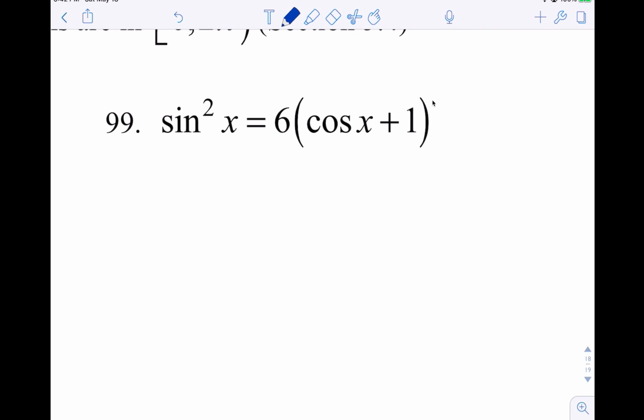Okay, next one. You got sine squared equals 6 cosine plus 6. This is kind of similar to the last one. You want to change everything to be in terms of the same function. So 1 minus cosine squared.